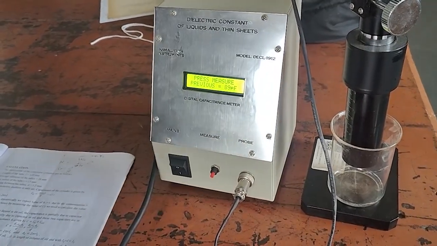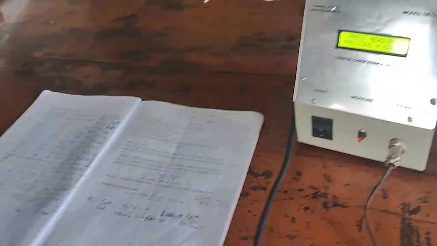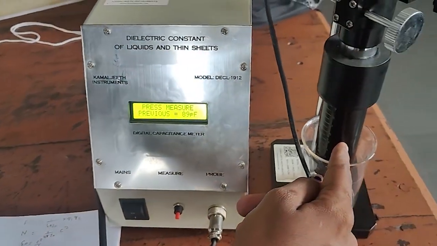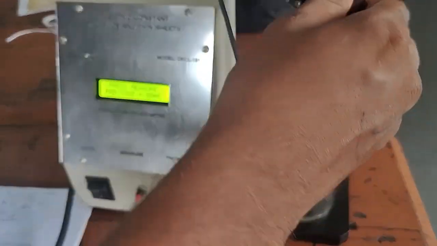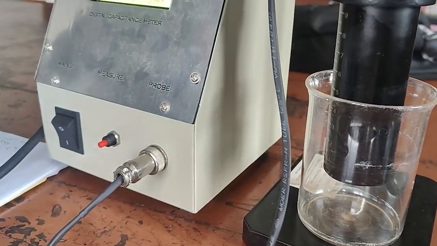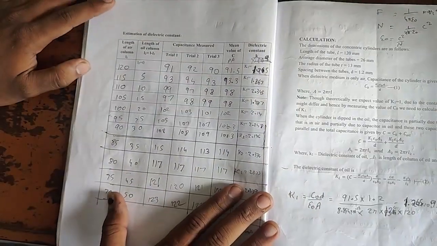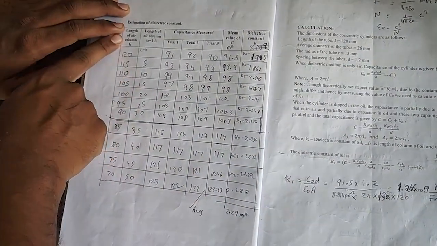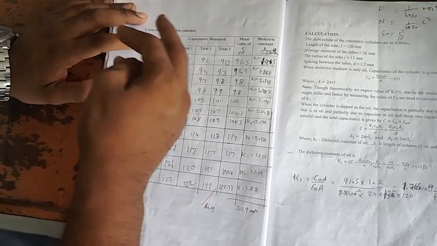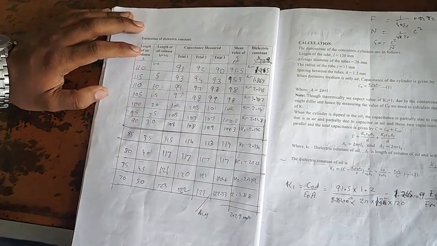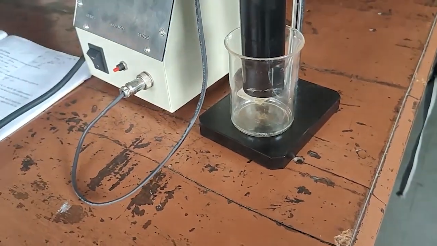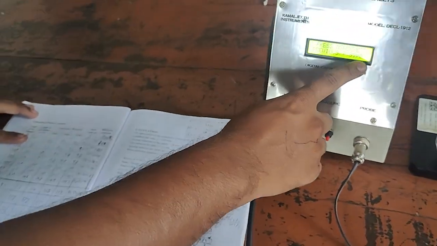We are going to perform the same thing for different lengths of L1, different lengths of the oil column, by submersing it by 5 millimeters. So in order to estimate the dielectric constant, we vary the length of the air column or the oil column by submerging the capacitor in the oil very slowly by 5 millimeters, and correspondingly we take the readings.